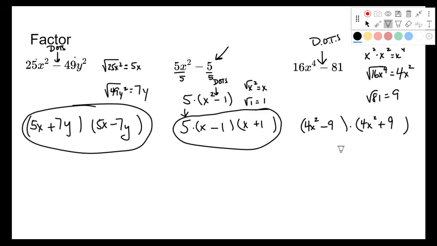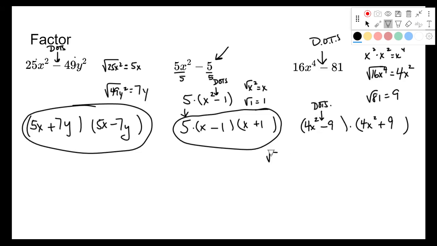Look at the answer that you got. If we look at this first set of parentheses, it's got two terms. There's no GCF, but it's got two terms, and they're subtracted in the middle. So we can try difference of two squares again because there's an x squared up front here.